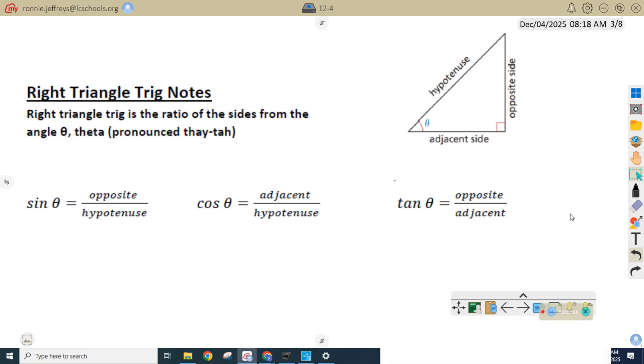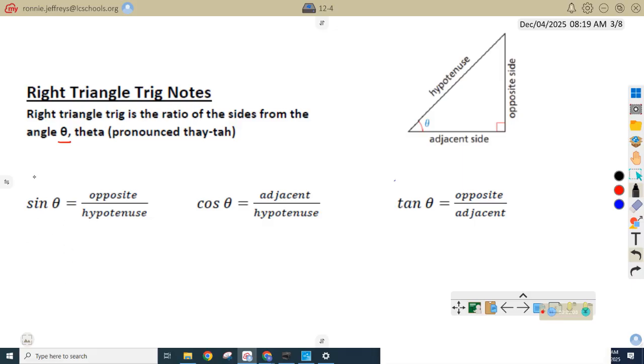Why does this stuff look weird? Because it's in a different language. It's actually Greek. This is our Greek letter that we're going to be dealing with. It looks like an O with a line through it, and it's pronounced theta.